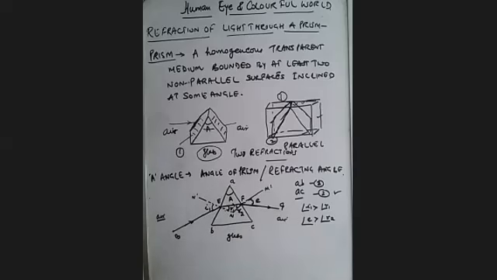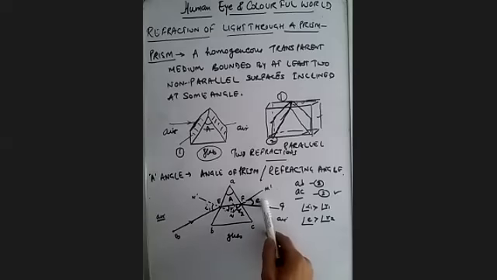One at surface AB, where the ray is coming from a rarer medium to a denser medium, so it will bend towards the normal. The ray will move in the glass inside the prism and be incident at the surface AC. Now at this surface, it's coming out into the air. So we draw the normal here, and it will bend away from the normal, going from denser to rarer medium.